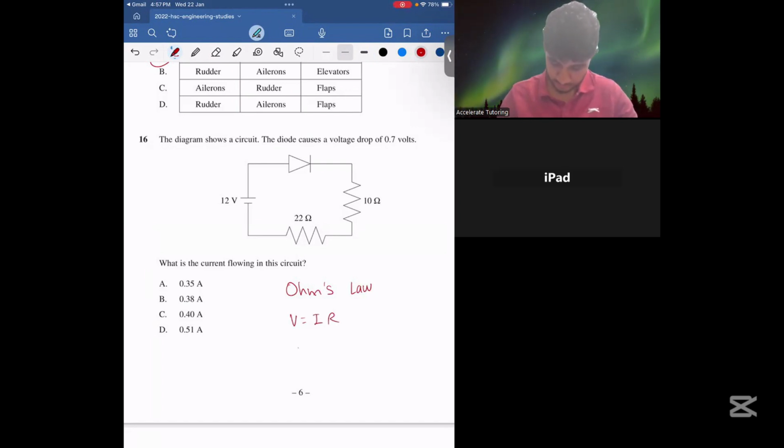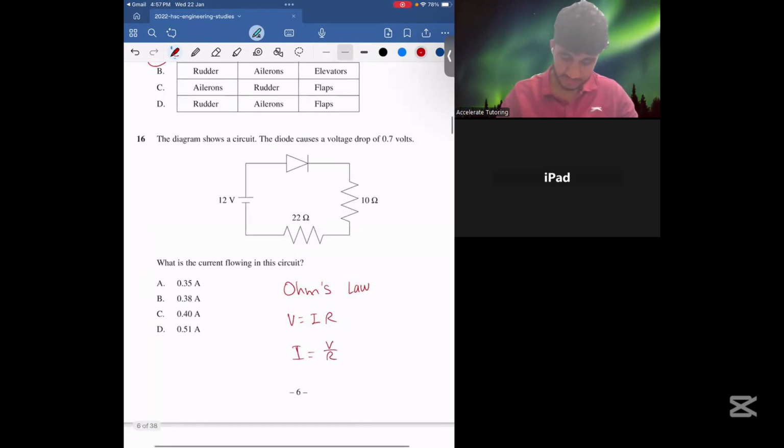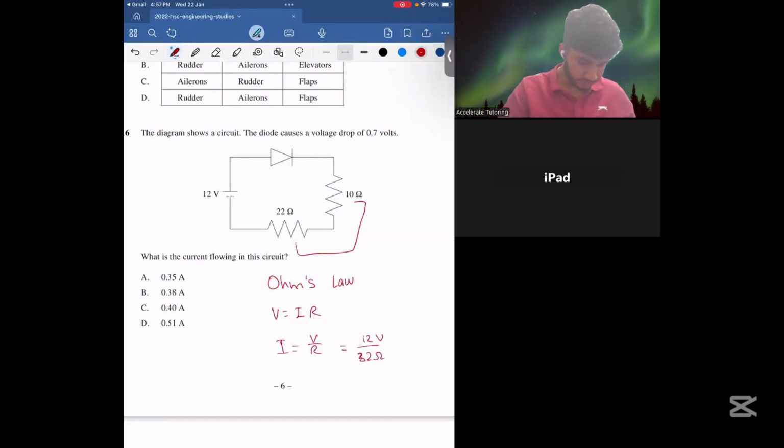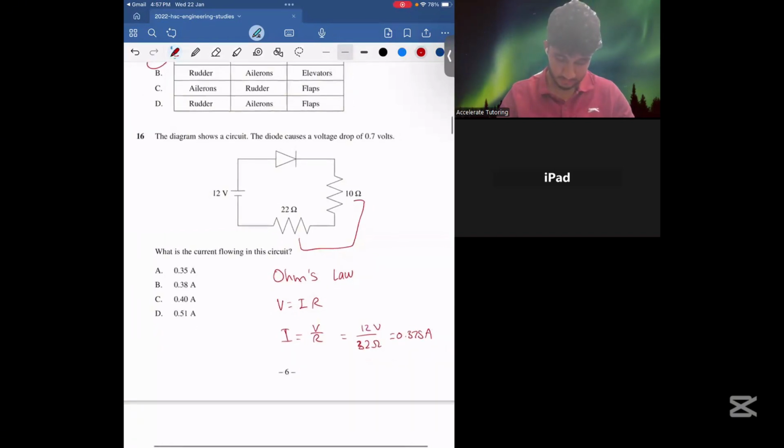We want to find the current, so we would just do I is equal to V over R. We would add the two resistors as they are in series. So it would be 12 volts over 32 ohms, and that gives us a value of 0.375 amps. So in this case, our answer would be 0.38.